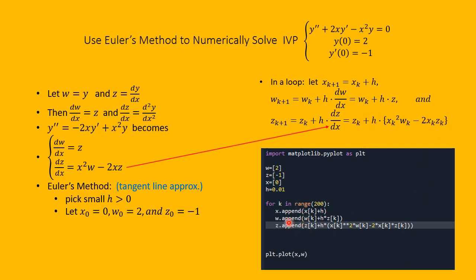And then after this loop is finished, we plot x versus w. Remember that w is y. So we're basically plotting x versus y here, our solution to the initial value problem.